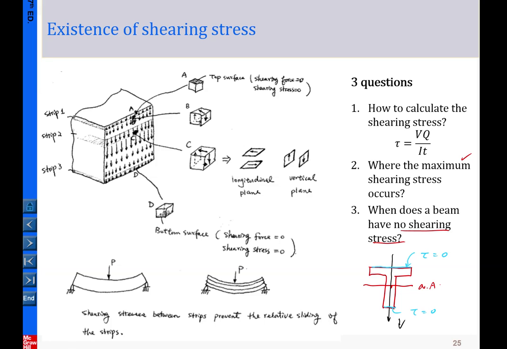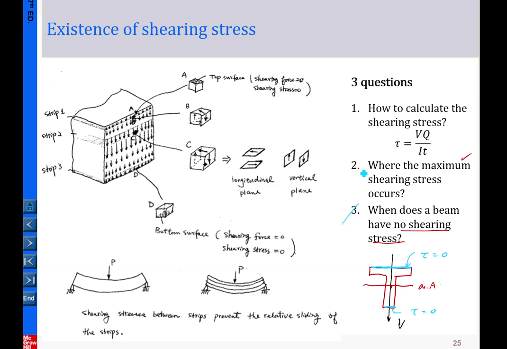Do you know why? Because for this case, when you choose the Q, you can find that Q equals 0. So that's the reason why on the top and bottom surface, parallel to the neutral axis, tau equals 0. Once we explain this, this should be easily answered.